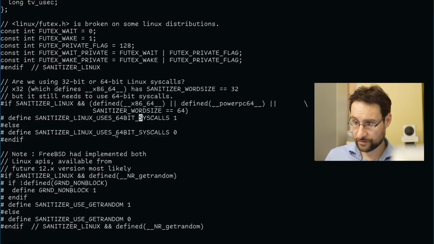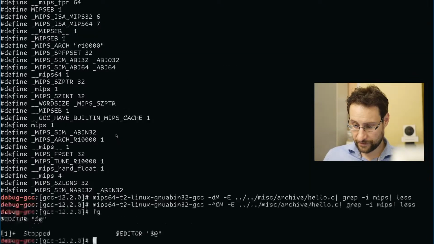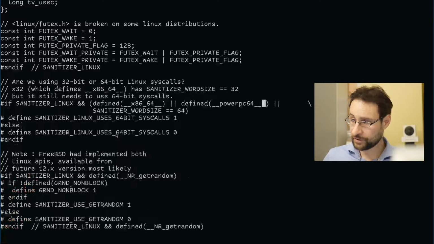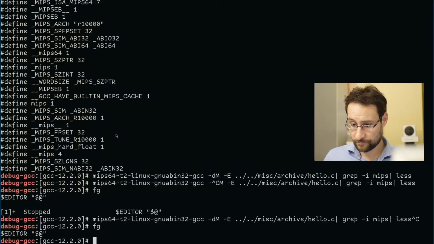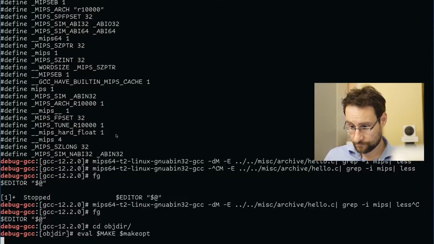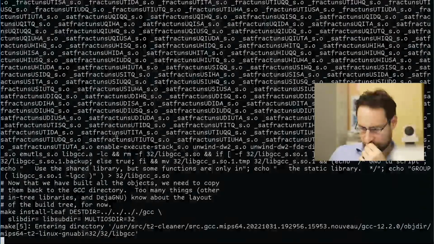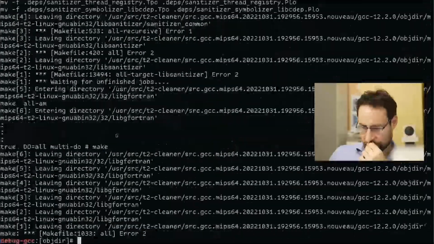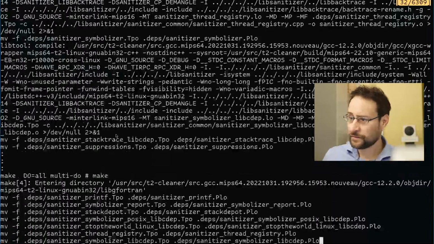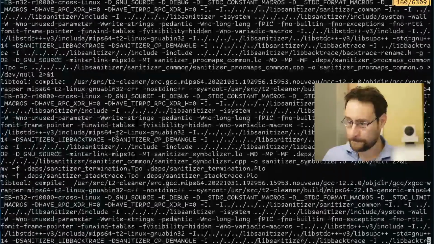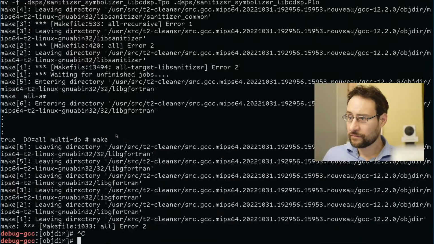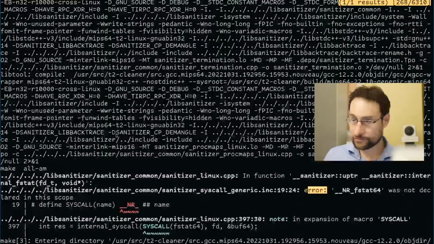So scroll, where did we have that? So I guess we want here, or did I fix that file already? Apparently. Hopefully it would build like that. Let's keep our fingers crossed that that fixes that, but maybe not. Sanitizer common, we're freaking out as an error.